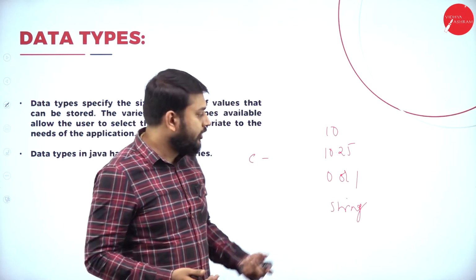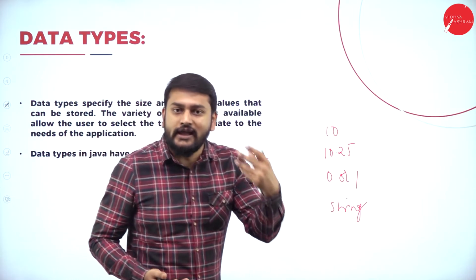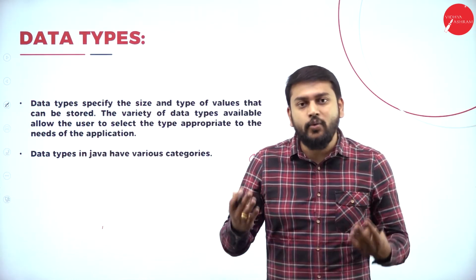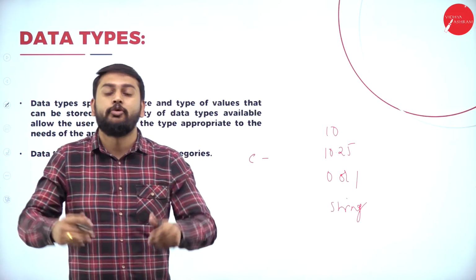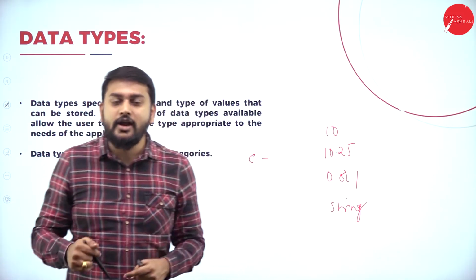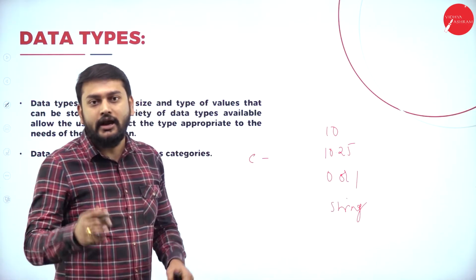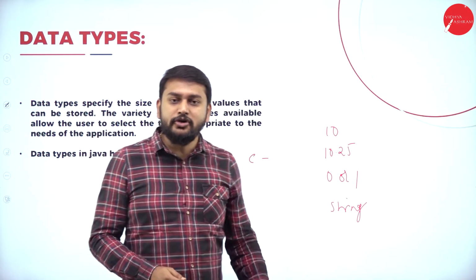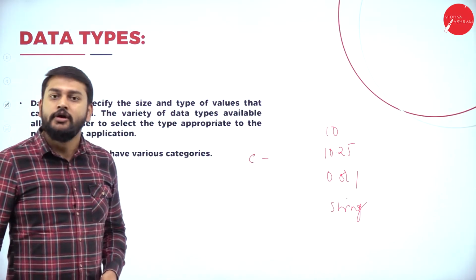When I want to store a float, it requires a different amount of memory. When I want to store a single character, it requires a different amount of memory. Again, when I come back to the string, it requires a different amount of memory. By looking at what type of data I am storing, I will decide the data type. So mainly because of this, we arrive at a concept called data type, which is what you need to remember.